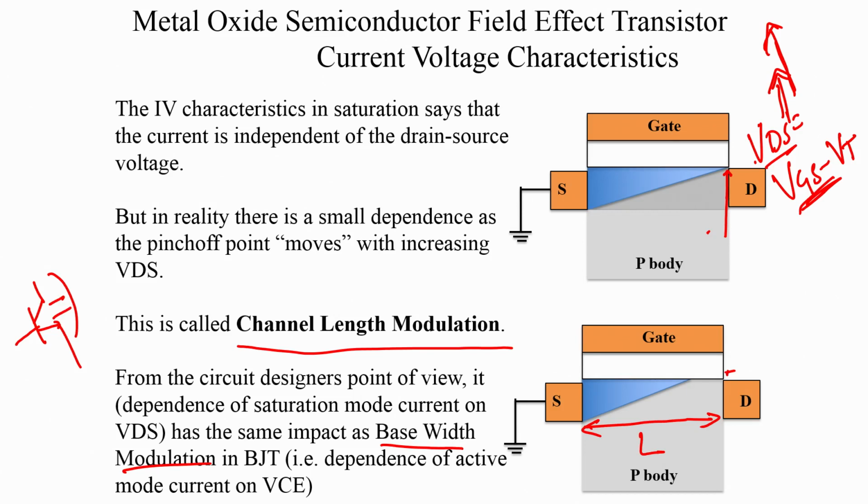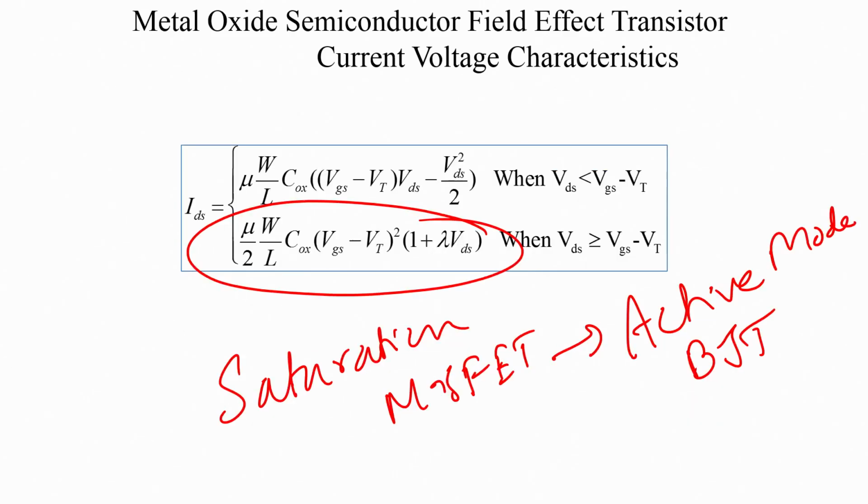And we saw that the current versus VCE did have a small trend even in active mode operation. It is exactly the same situation here. The physics is completely different, but from the point of view of a circuit designer, these two have the same impact. They determine the output impedance of your transistor, BJT or MOSFET.